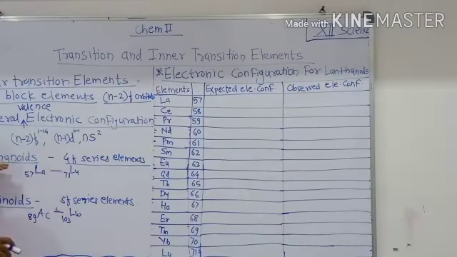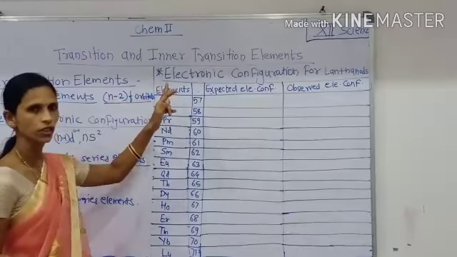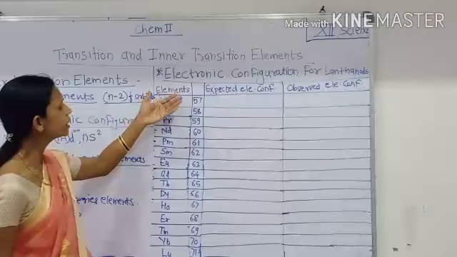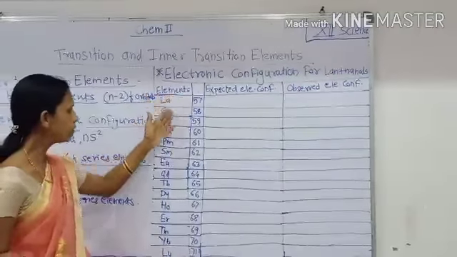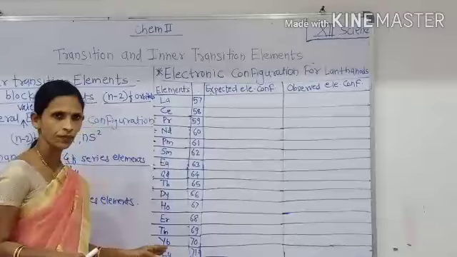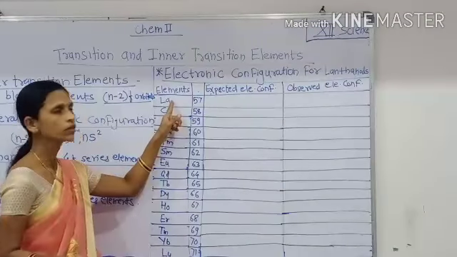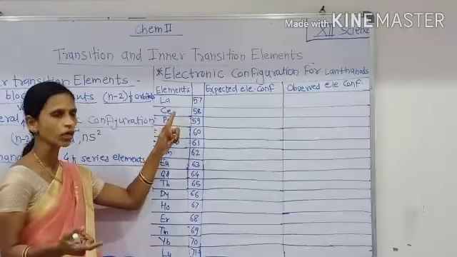Now we will study in detail the lanthanoid series. Considering lanthanum, there are a total of 15 elements, but lanthanum comes under the d block elements.